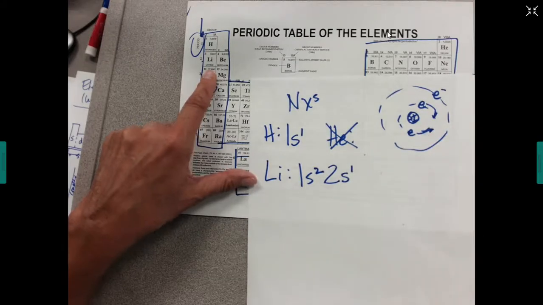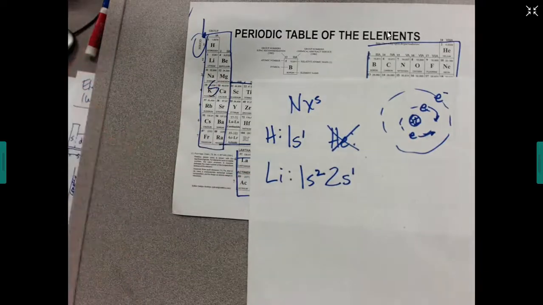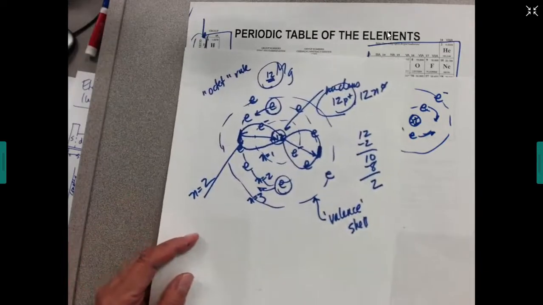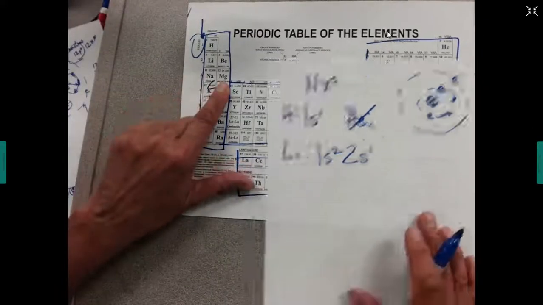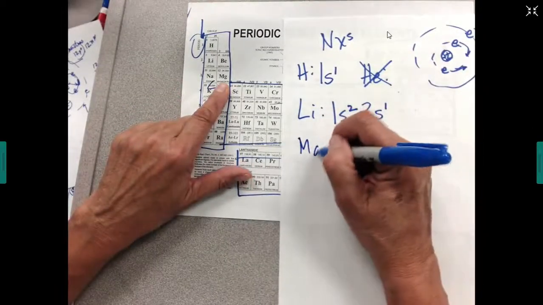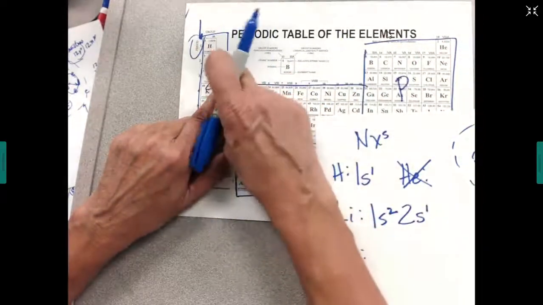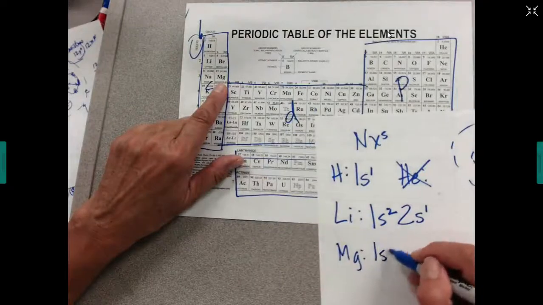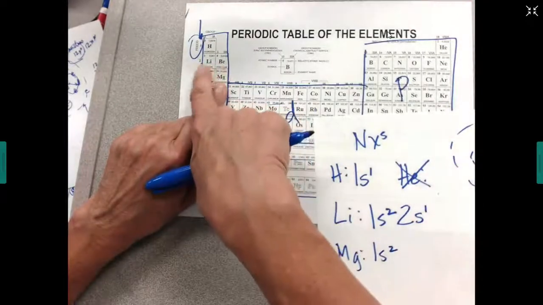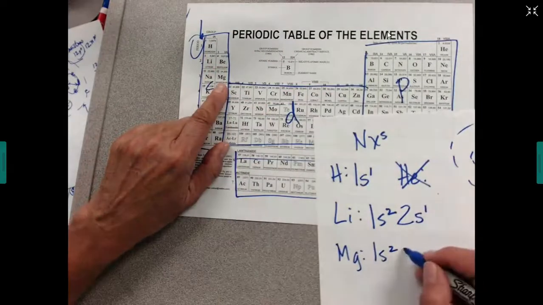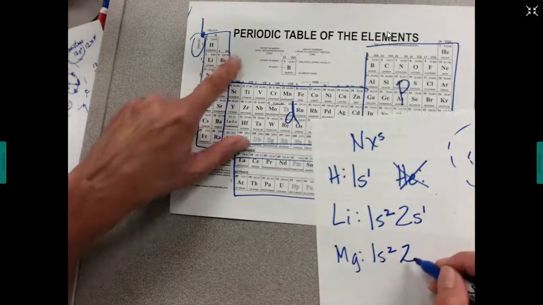All right, so let's go something a little bit more complex, like our magnesium. And remember, this was our Bohr model of magnesium, pretty messy. If we go to magnesium and write the electron configuration, we've got to go through everything before we get to magnesium. So hydrogen and helium is 1s2. Then we go lithium and beryllium, which is 2s2, so it's the second principal quantum number of the second row.